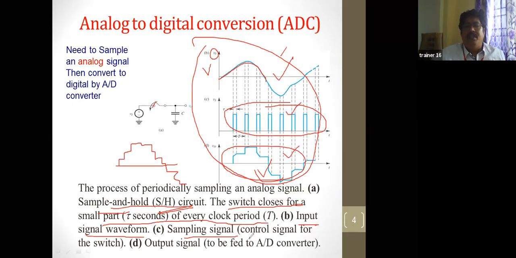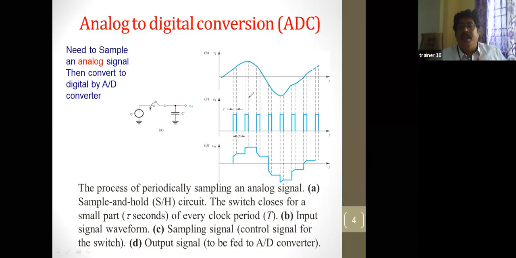C is the sampling signal, the control signal for the switch, and the output signal is A to D. That means the output is digital. This is the digital signal, and this analog signal is the input signal. Now you got the point, in which way the signal is converted.